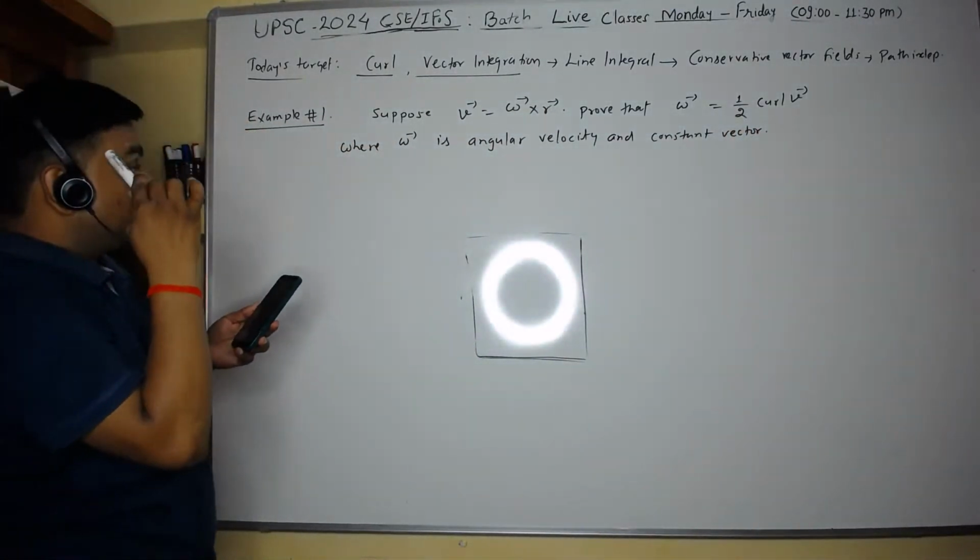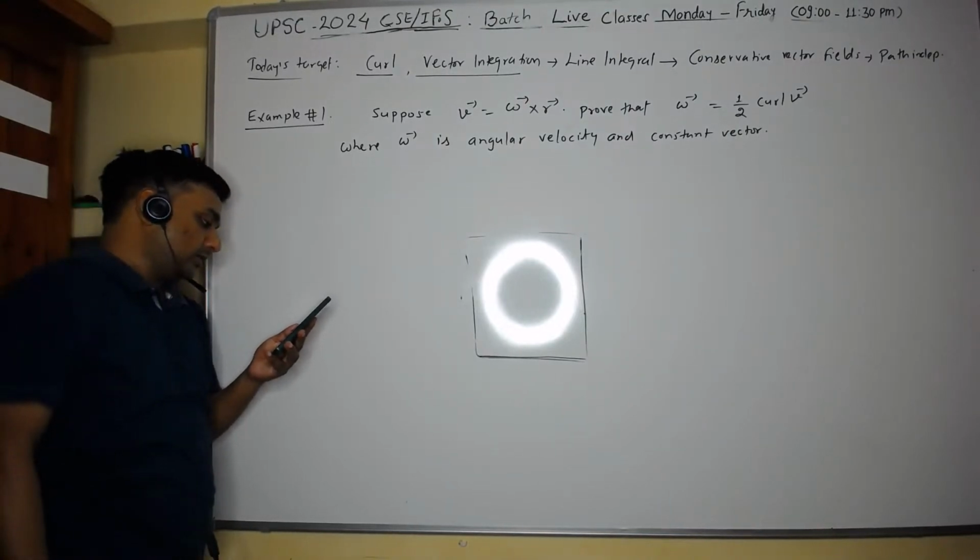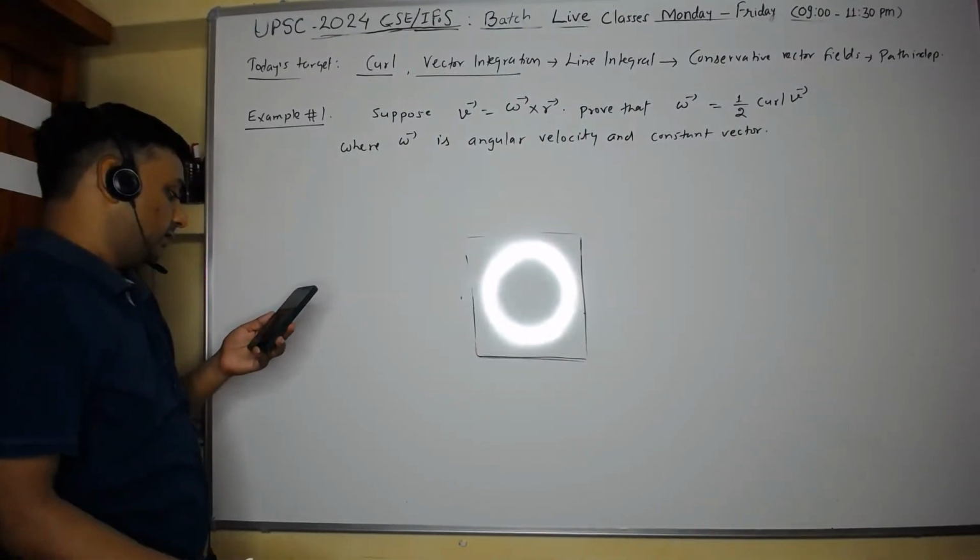Okay, suppose v vector is omega vector cross this vector, then we have to write here.